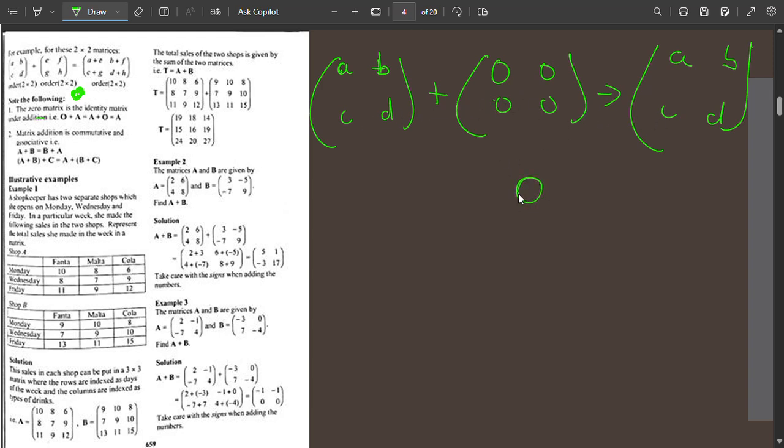So that's why we say the zero is the identity in addition. So whenever you're adding, the zero or null matrix is your identity matrix.